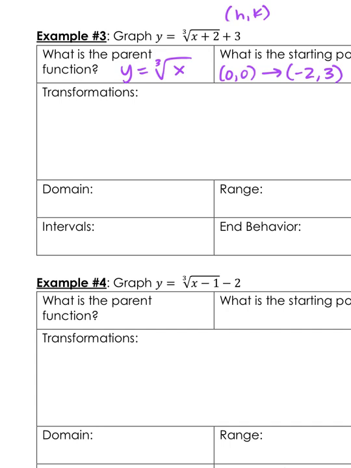For our transformations, whatever's underneath the radical, remember we do the opposite. So instead of going to the right, we're going to go to the left. So left 2. And then on the end, we've got that plus 3. So it's going to move up 3.